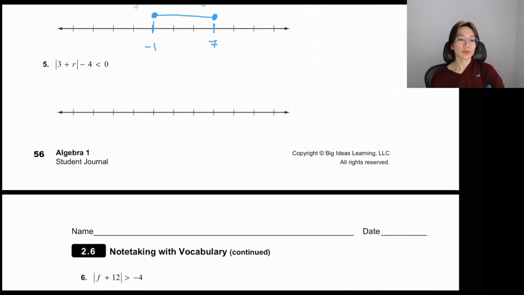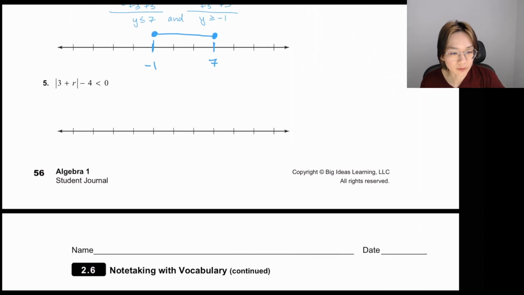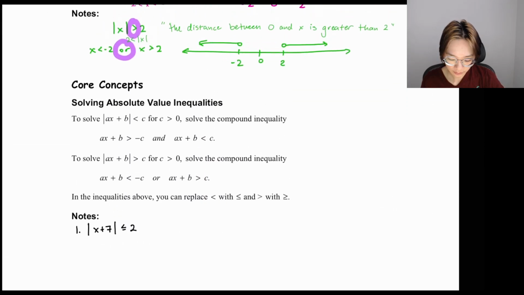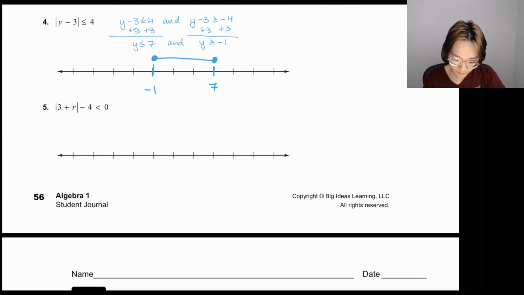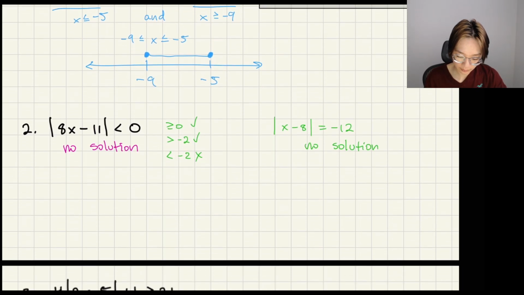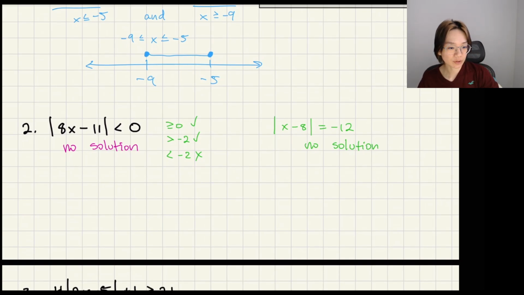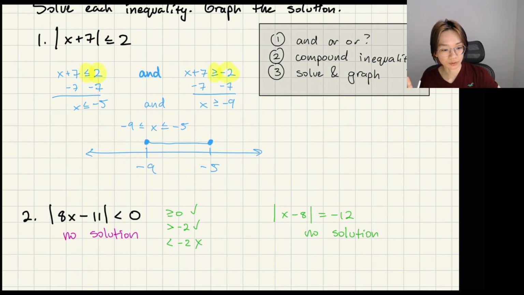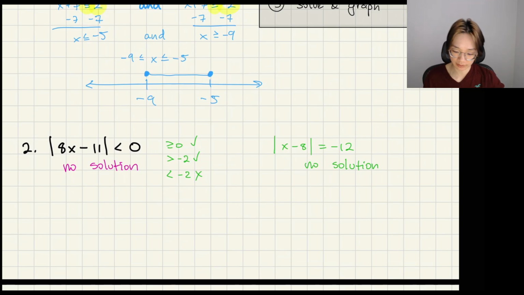Same thing for this one. If you remember when I said before, back here, if it's less than 0, there's no solution. But that only applies, same as when you figure out if it's "and" or "or," when it's only the absolute value on that side.